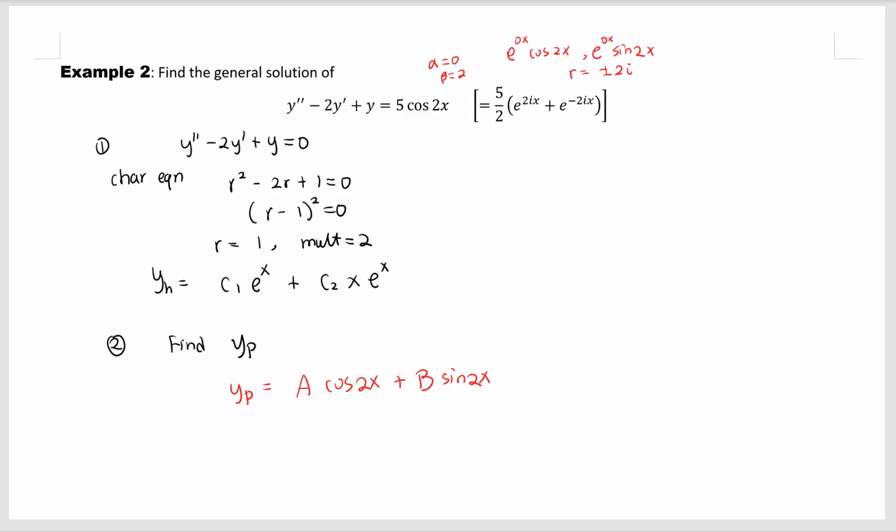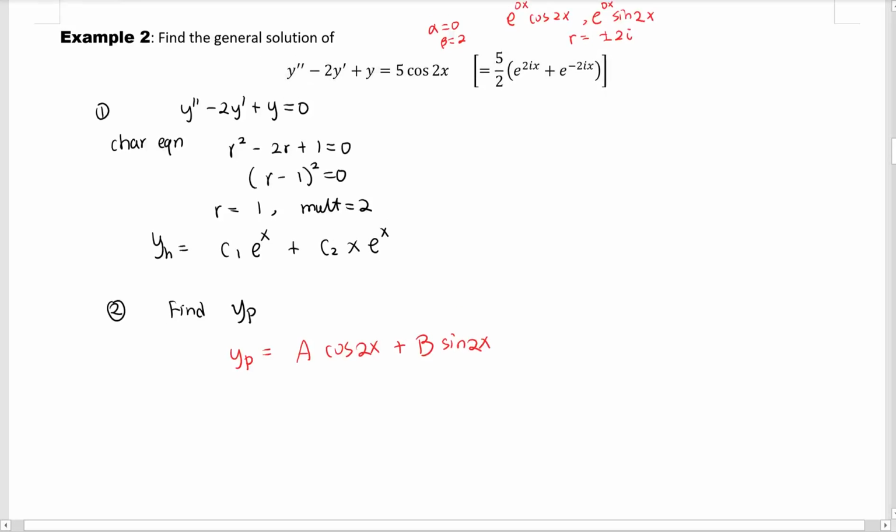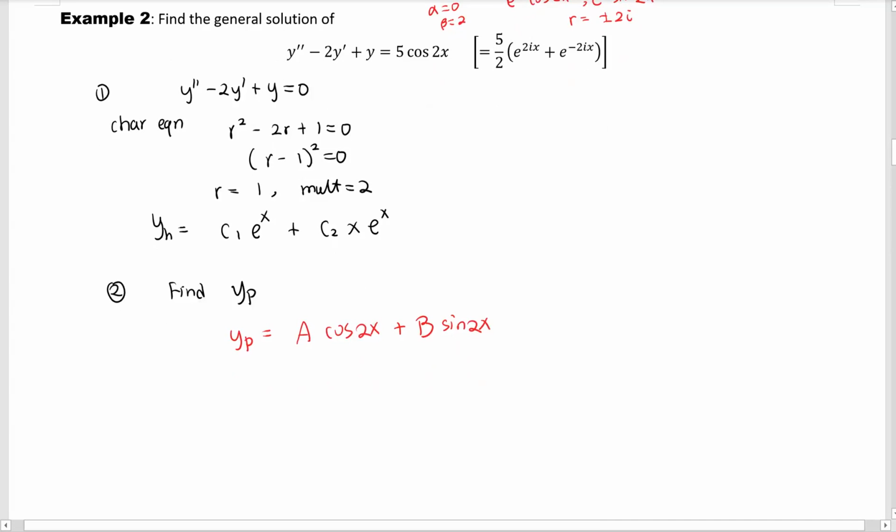So this is the general form that corresponds to the root plus or minus 2i, and this is our setup. Then we're going to take the derivative and the second derivative and plug into the differential equation to find our constants a and b.